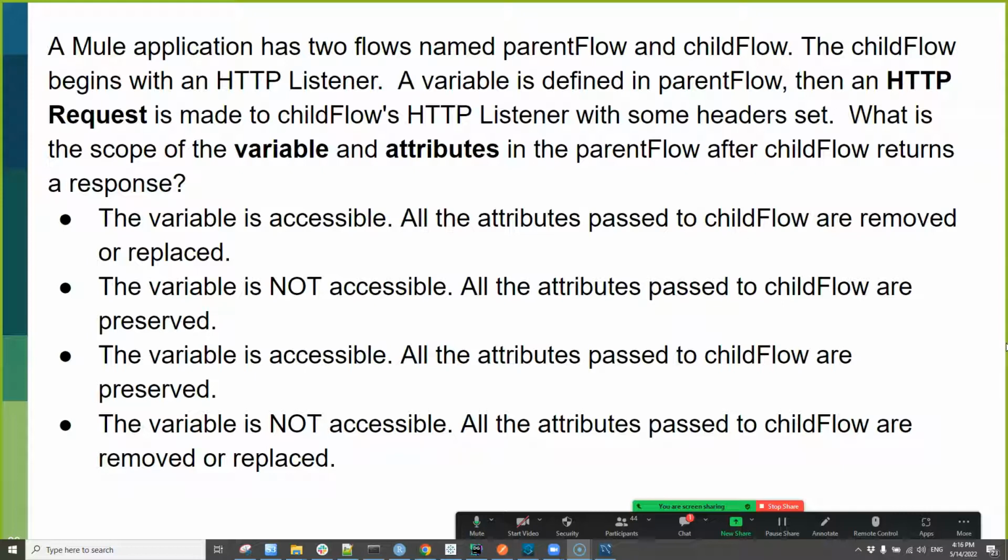The attributes, however, since it is a request, that request will send a response, including the status and other details, and those details are the attributes. So the attributes coming from the HTTP request will override the original attributes. All attributes passed to the child flow are removed or replaced because new attributes are coming from the request itself.